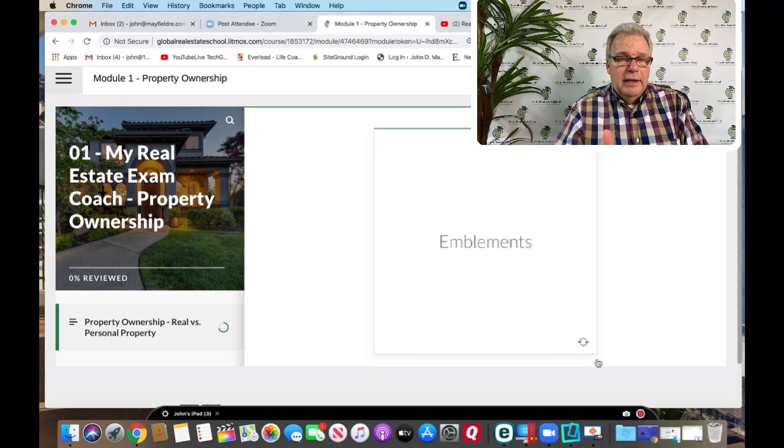So again, it's emblements. There's another kind of Latin name, fructus industriales, versus fructus naturales, fruits of nature, something like that. They took phonics out of school. I always mention that.